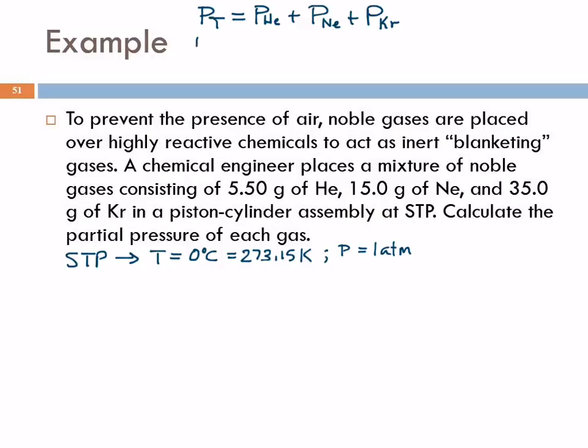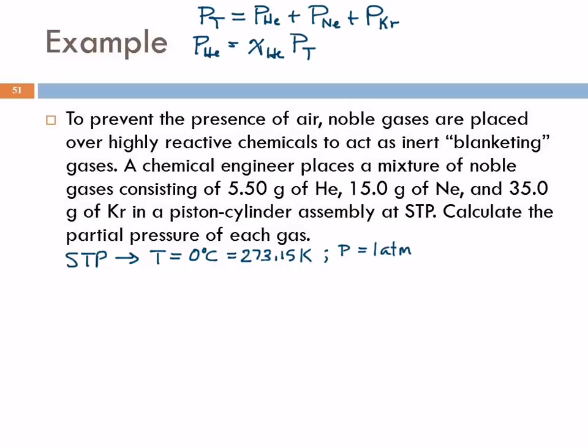So I know that that's true. I also know that the pressure of the helium is going to equal the mole fraction of helium times the total pressure. So I'm just writing down some stuff that I know and hoping that something's going to jump out at me and say, oh, hey, I could do this.